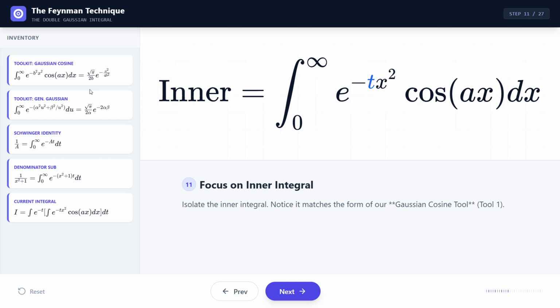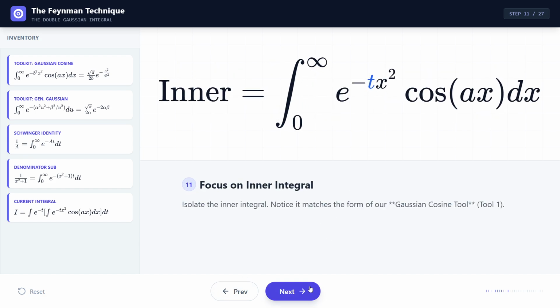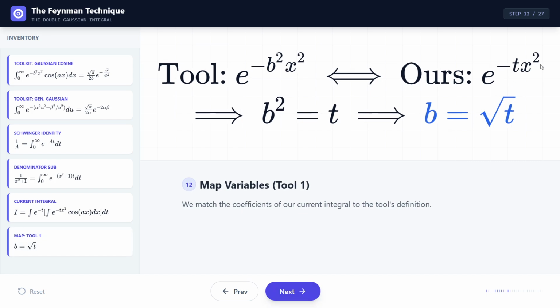And this is in the form of our first tool right here. Except in our tool, we have e to the negative b squared x squared. And in our inner integral right here, we have e to the negative t x squared. Well, that implies that we should set b equal to square root of t when we apply the formula.